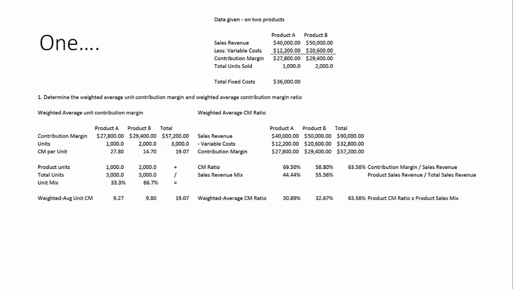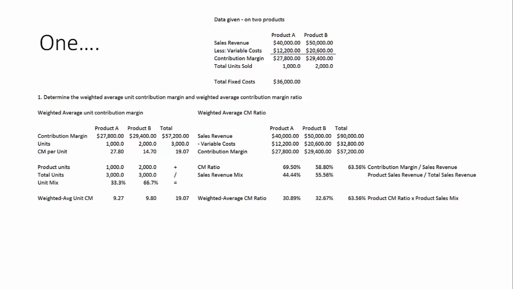The contribution margin for both products is $57,200. Total units, 1,000 plus 2,000 equals 3,000. So $57,200 divided by 3,000 gives a contribution margin per unit for all products of 19.07.